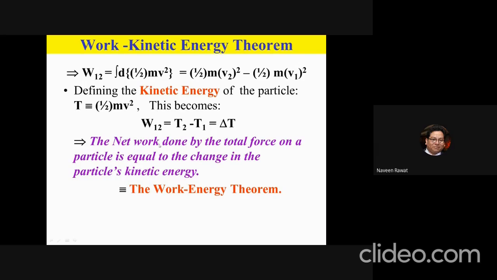The net work done by the total force acting on a particle is equal to the change in the particle's kinetic energy. So all you care about is the kinetic energy at the second position and the kinetic energy at the first position. That's all you need to know, and then you can find the work done in this situation.